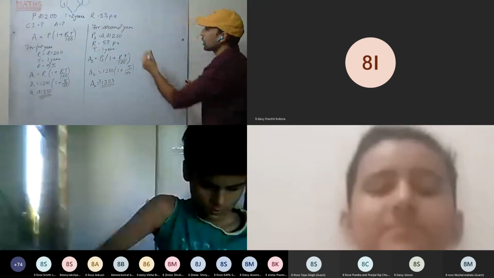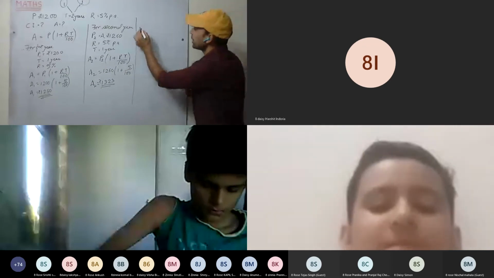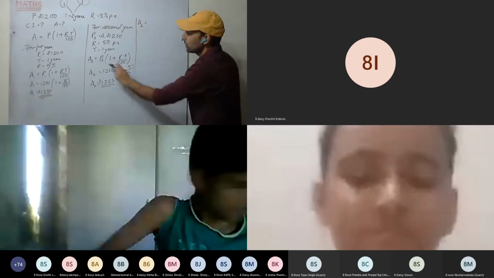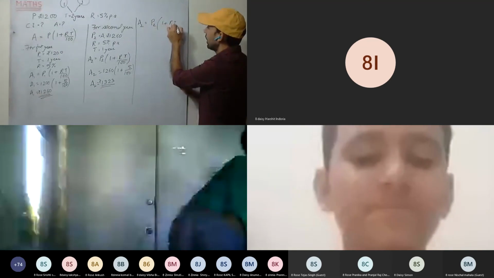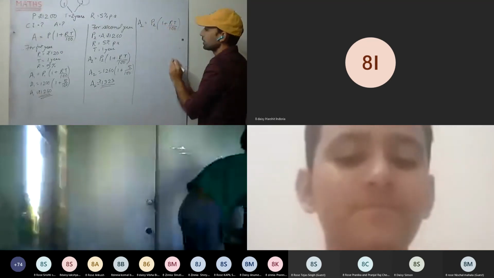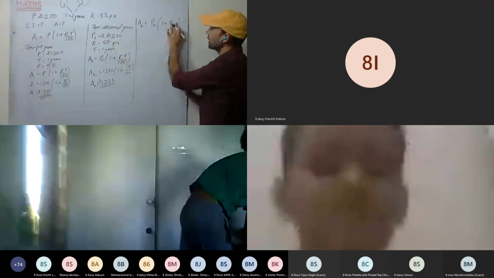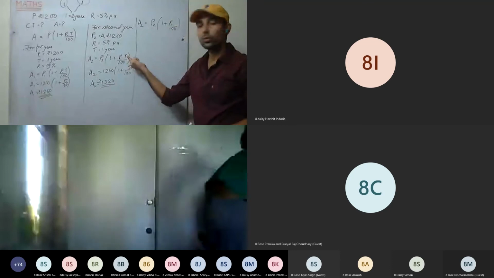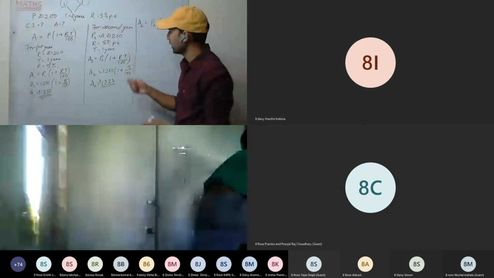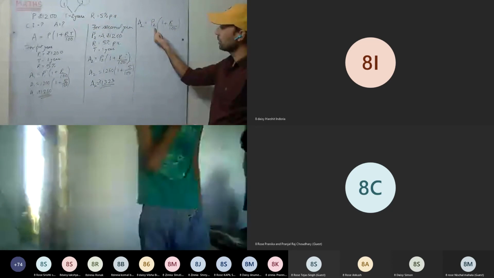Okay. Now we derive the formula here for 2 years. Now see here, A2 equal to P2 into 1 plus RT upon 100. This is clear. Now T was 1 year, so we can avoid T. I'm avoiding T because it was 1 year, so no need to put T. And what is P2?